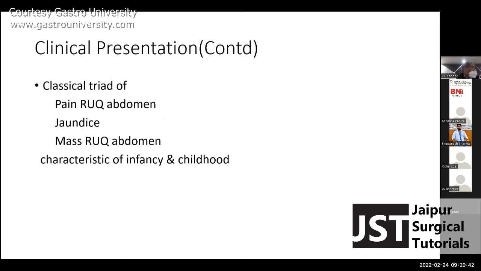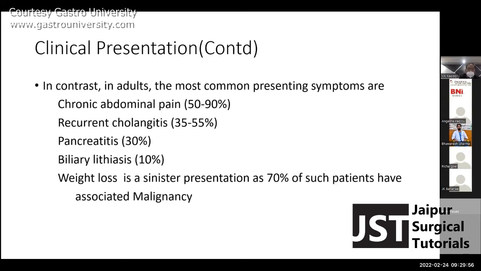Classical triad of pain in the right upper quadrant of the abdomen, jaundice, and mass in the right upper quadrant of the abdomen are the characteristic findings of infancy and childhood.